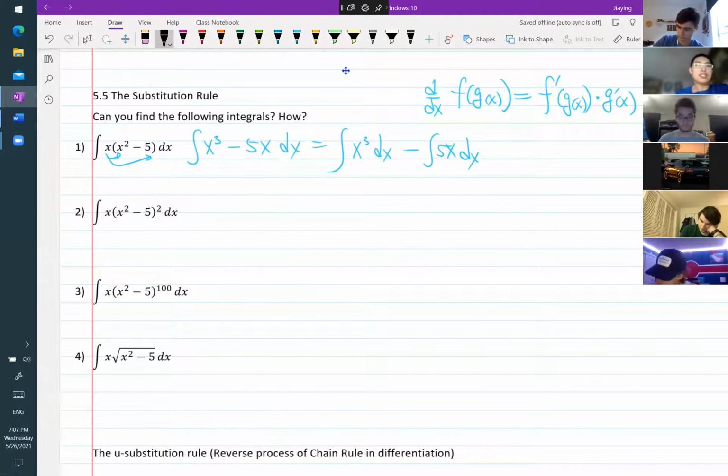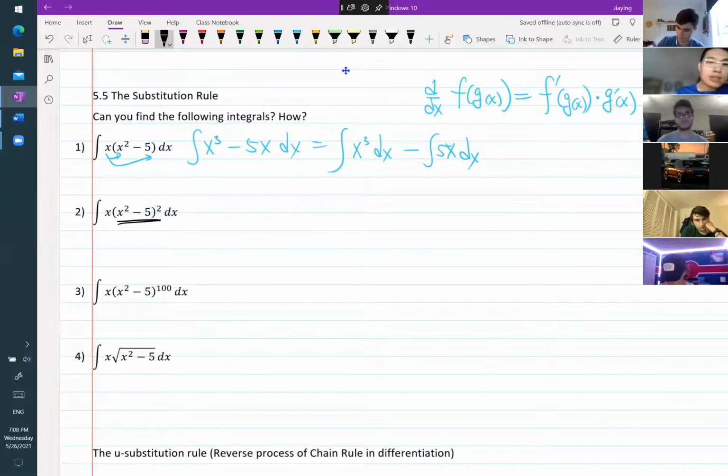Now, what about the second example? It's x times x squared minus 5 squared. Can we do the same thing? No, you cannot distribute the x into the parentheses directly, but we could simplify by expanding the square and then distributing the x.